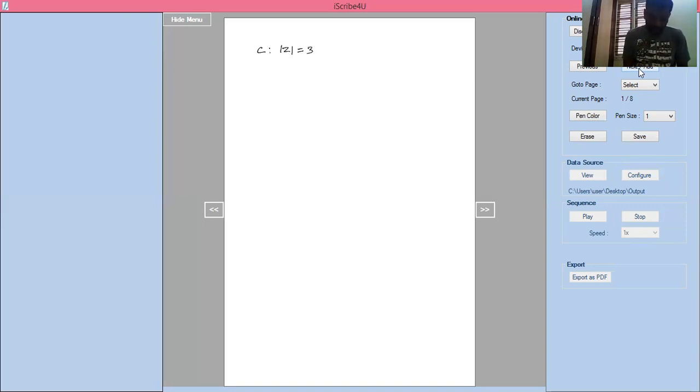You can draw a circle of radius 3 units. On the axis, this is minus 3, minus 2, minus 1, 0, next 1, 2, 3. If you draw a circle of radius 3 units, you will get a circle like this.